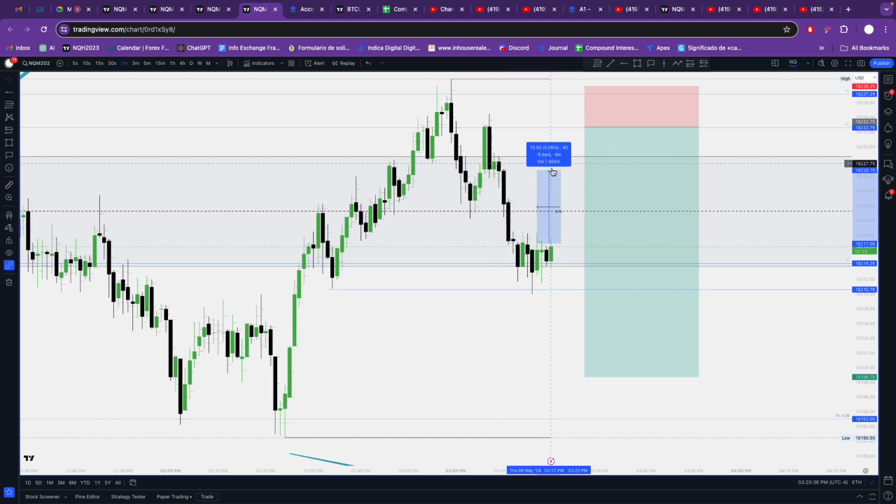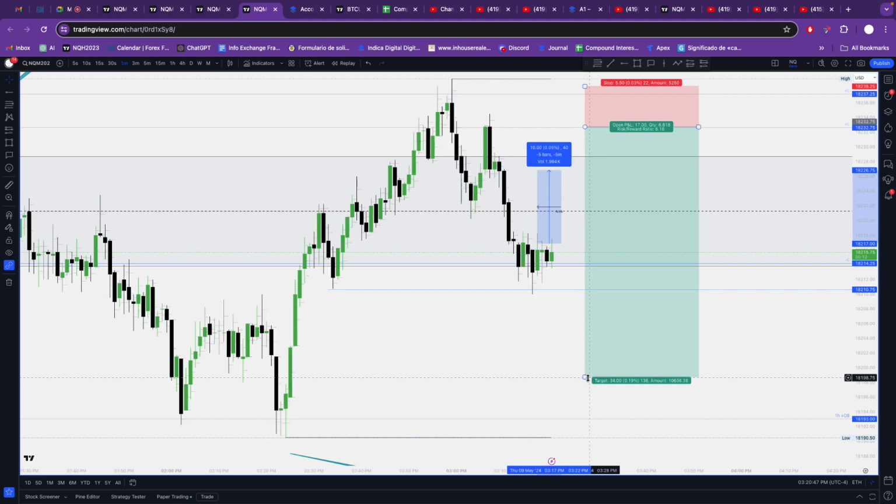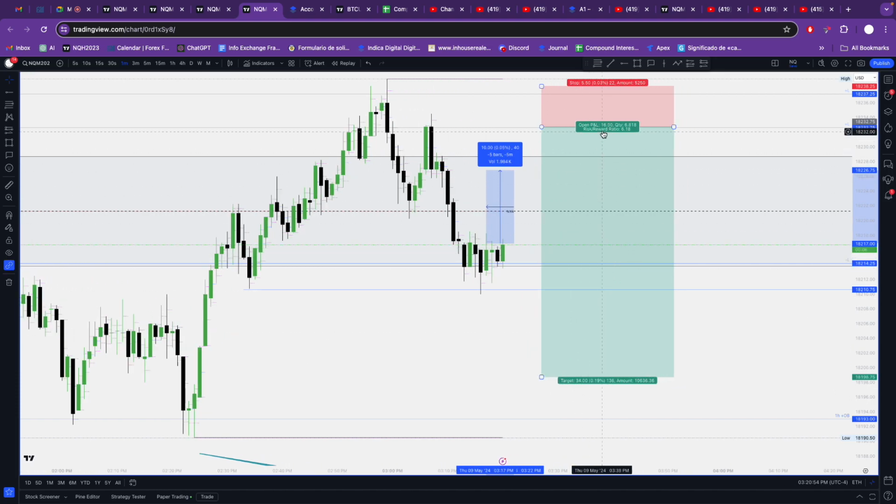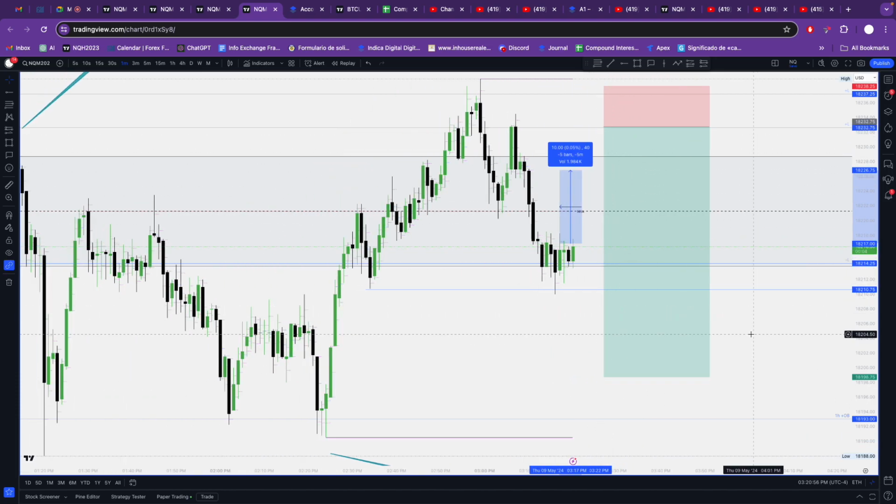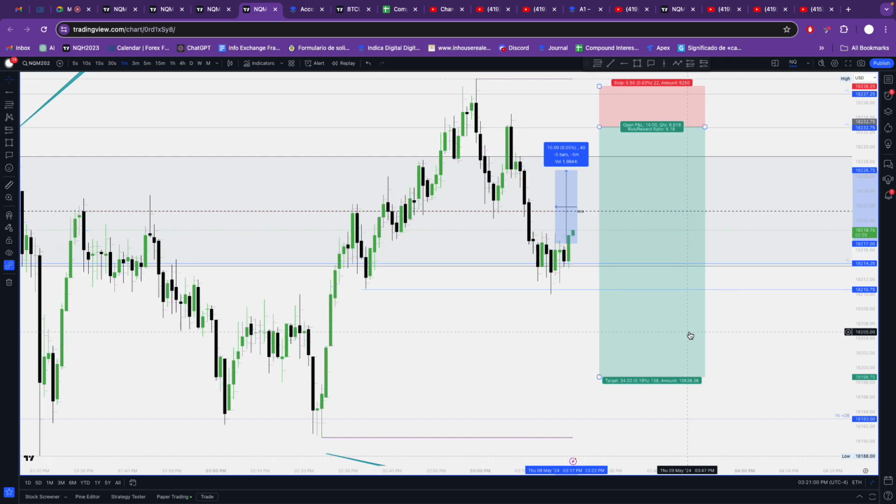And the question is, would you be willing to give back 10 points to stay in this trade to get to your target down here? Right now, you're up 16 points. So it would be a 10-point retracement.